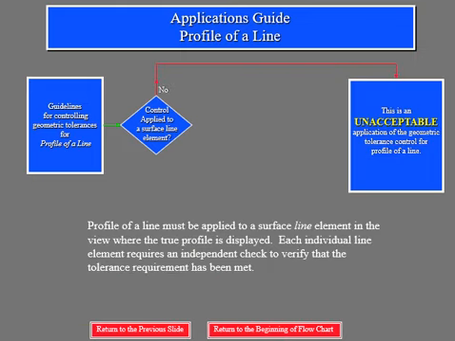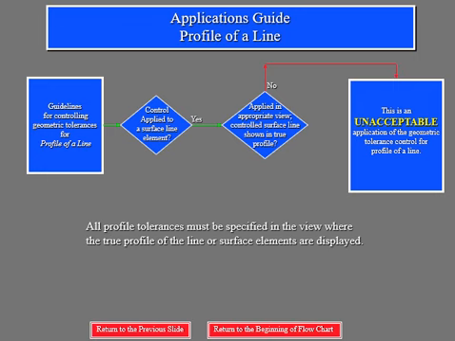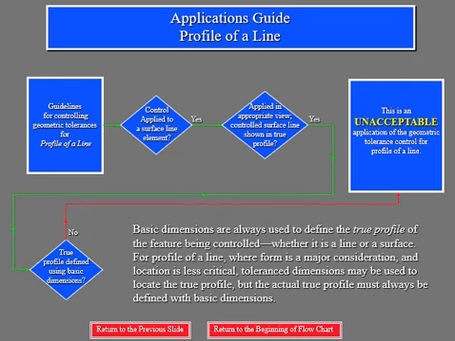Unacceptable: if you don't have your surface line element, if that control isn't applied to it, then it's unacceptable. And we look at whether it is applied in the appropriate view or not, because your profile tolerance has to be specified in the view where the true profile of that line or surface can be clearly seen or displayed. So that is going to be unacceptable.